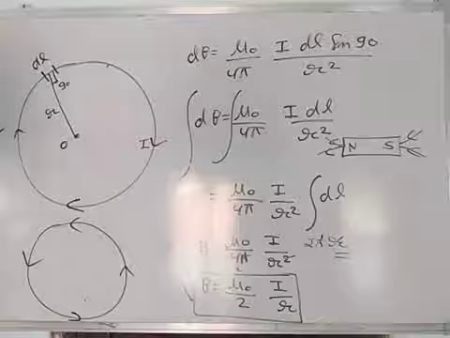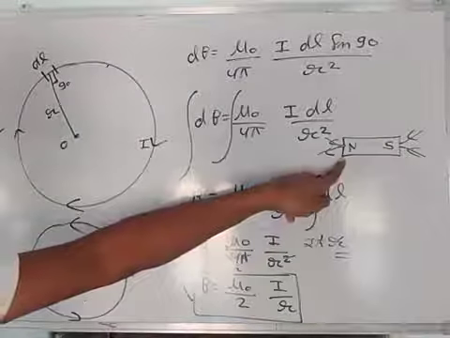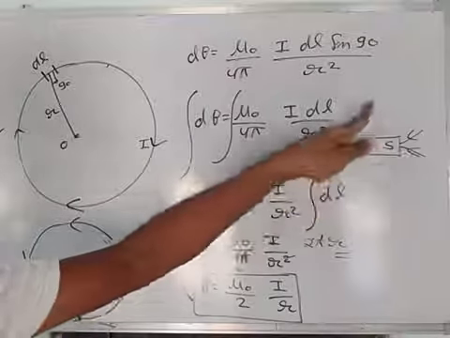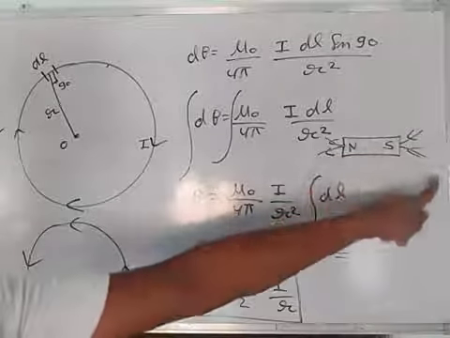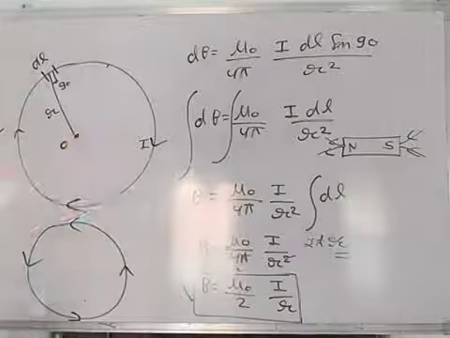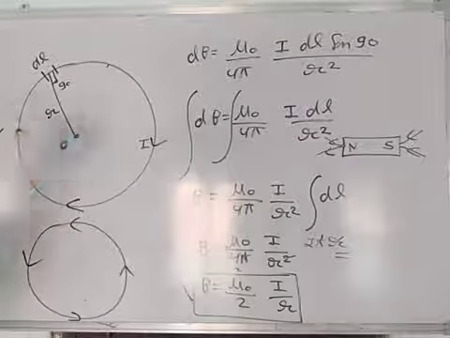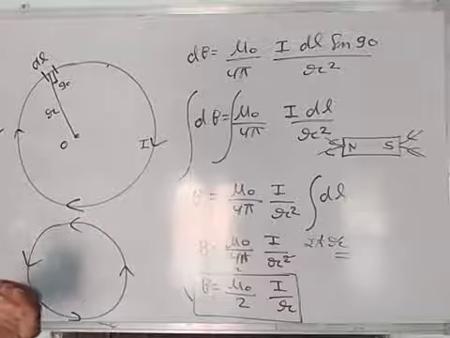Students, the point from where the magnetic field emerges is north, and the point where the magnetic field enters is the south pole. Here you can see, for clockwise direction the magnetic field is entering, and for anti-clockwise direction the magnetic field is coming out.